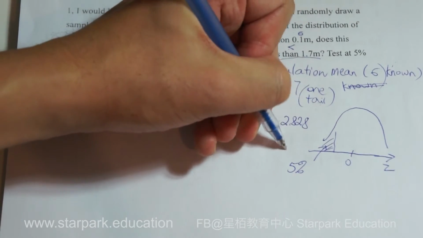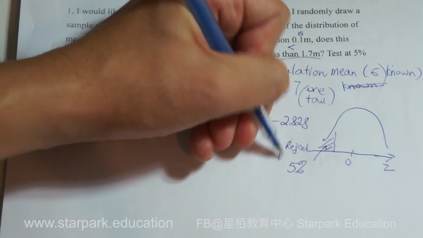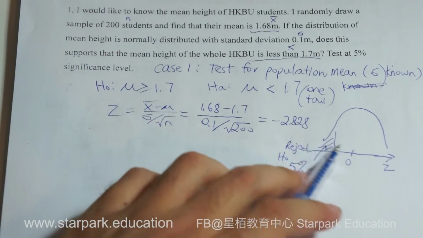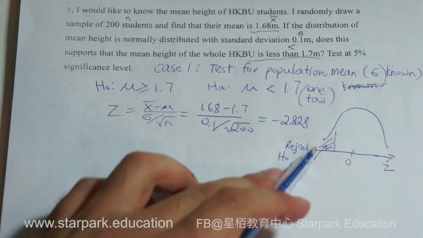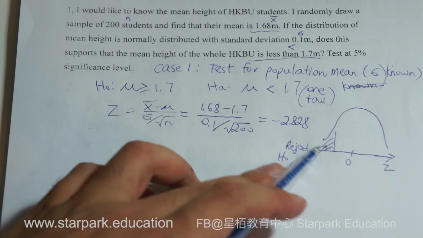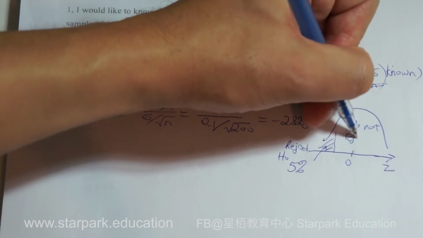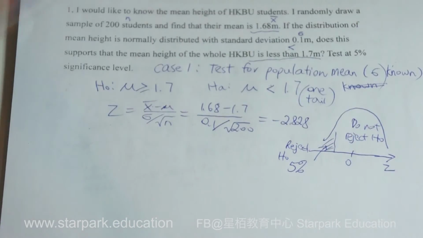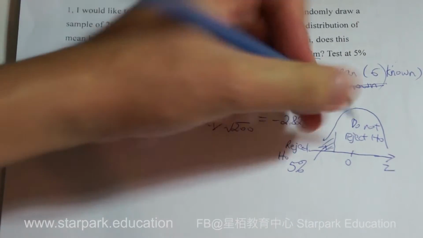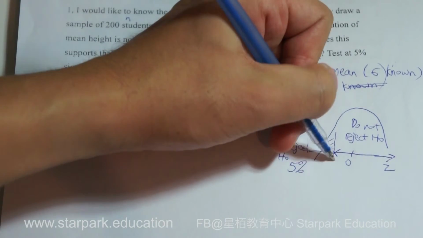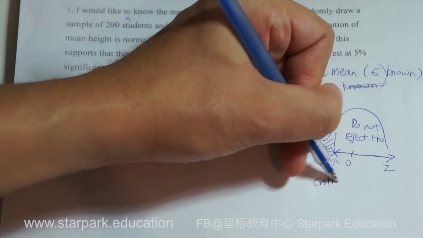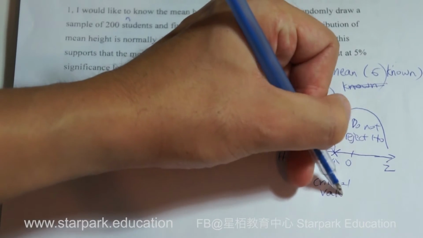For this 5%, we will reject the null hypothesis if the test value falls in the rejection region. For the large part, we will not reject the null hypothesis. And for the last part, this is a point which we call the critical value.